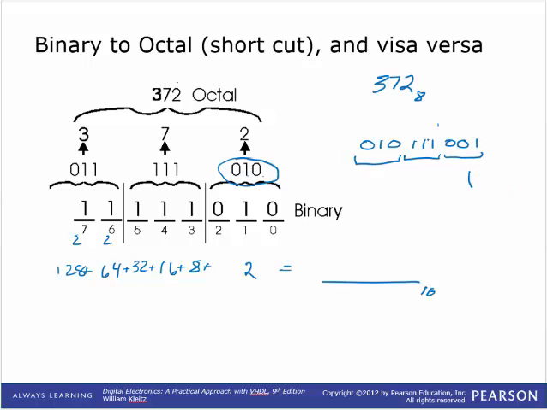This is a 1, this is a 7, and this is a 2. So this number in base 2 equals this number in base 8. So take the binary number, divide it up into groups of 3 bits at a time, and then convert it directly to octal.